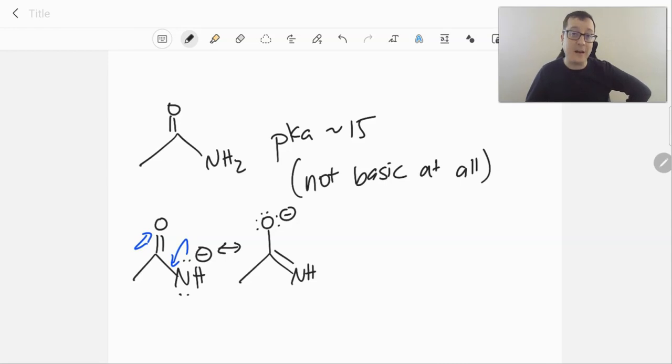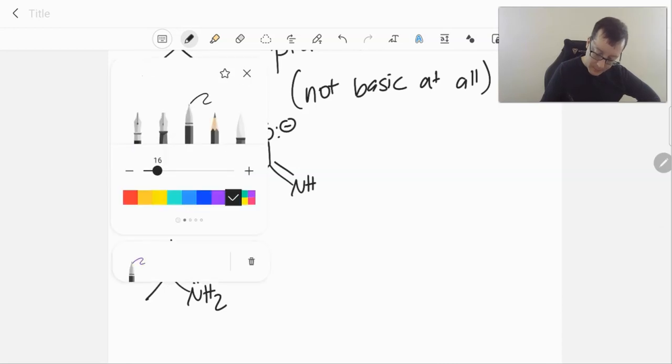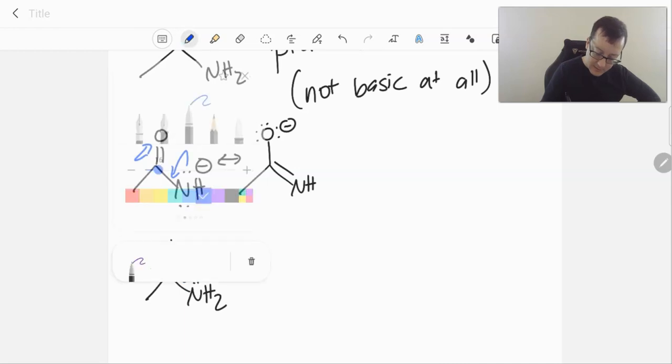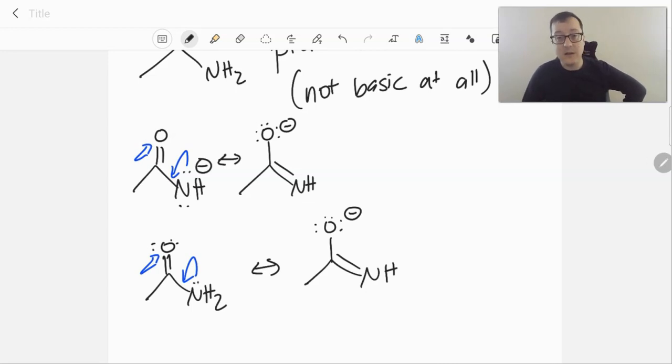So we have that contributing to the acidity of our amide. And this resonance actually happens normally as well, without it being deprotonated. And so this resonance that occurs contributes to the physics of amides.